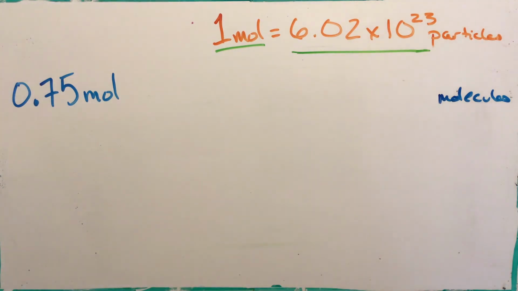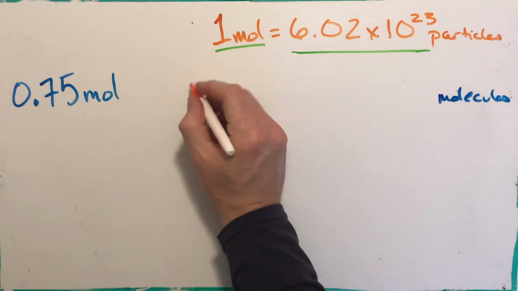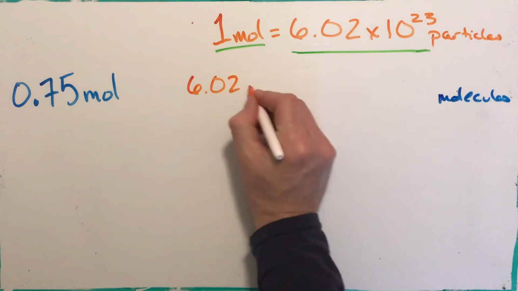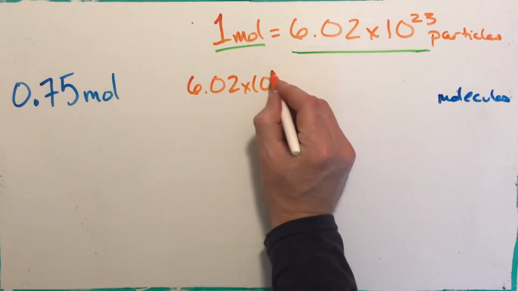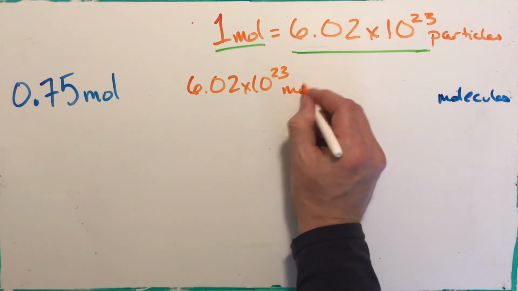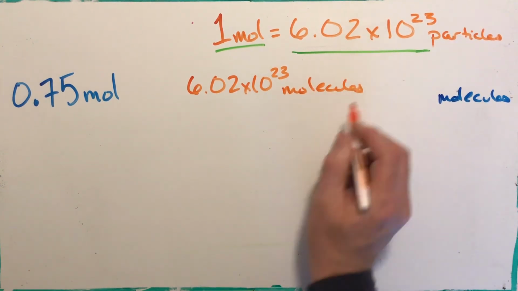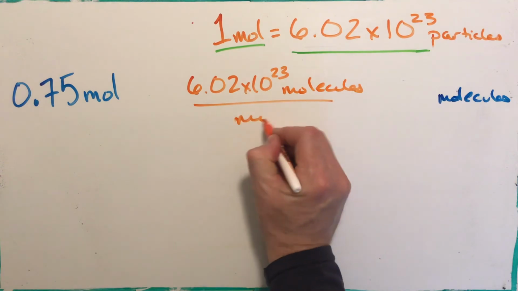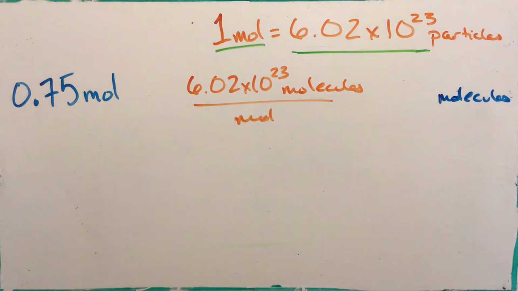My conversion factor, I'm going to write it in orange, just like that, for this board anyway. My conversion factor is 6.02 times 10 to the 23. In this case, I'm not writing particles, I'm writing molecules per mole. All right?